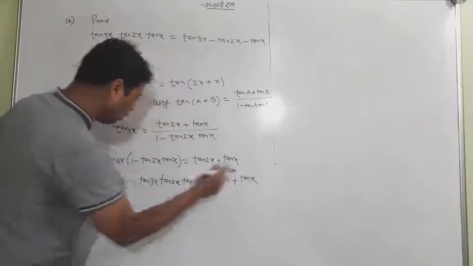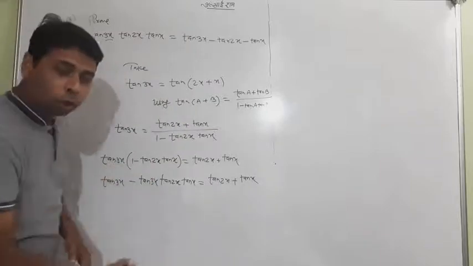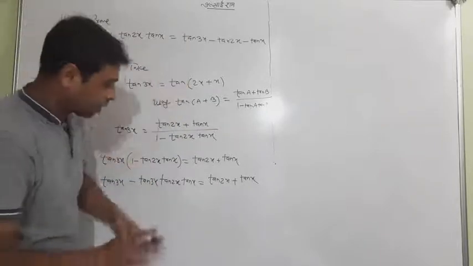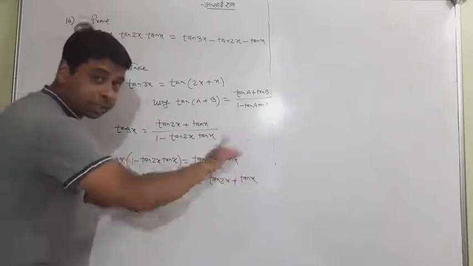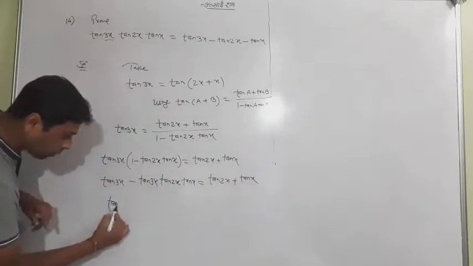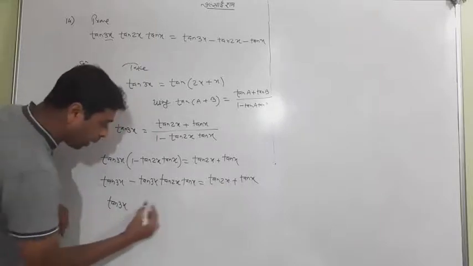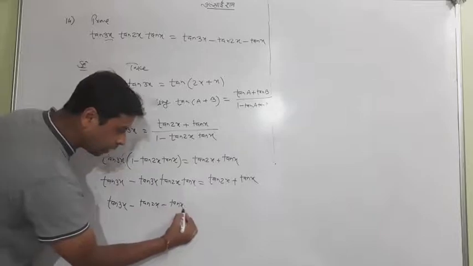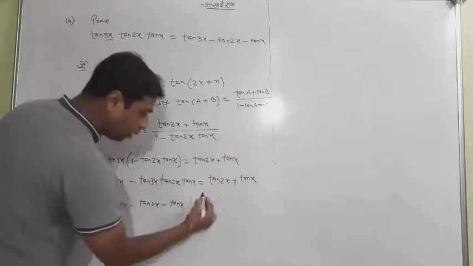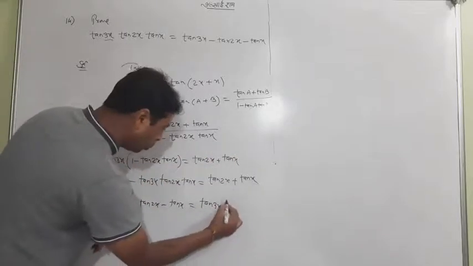I have only multiplied and arranged according to your answer. These two will transfer to this side and this minus term will transfer to that side. So only tan 3x remains. After transferring, both get a negative sign and the minus term gets a positive sign.